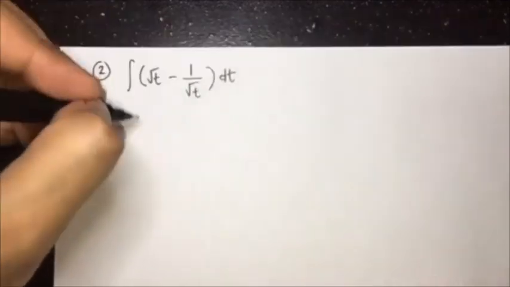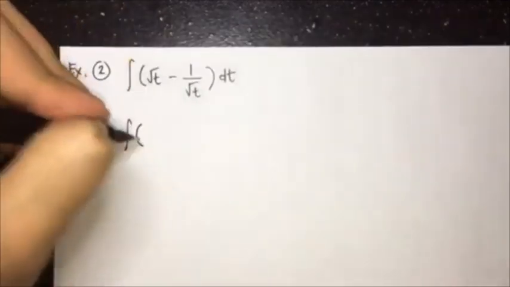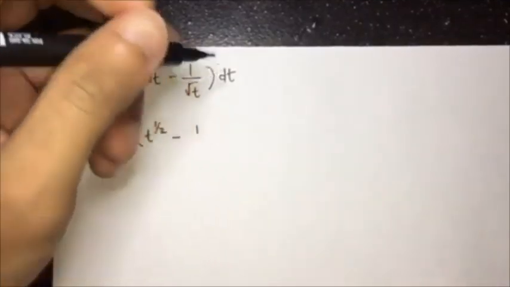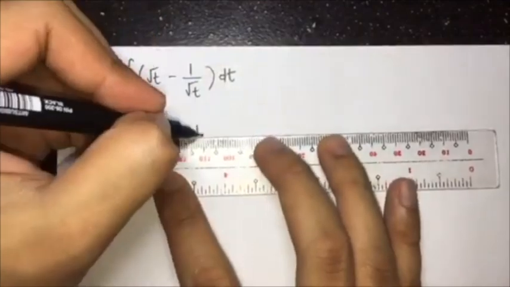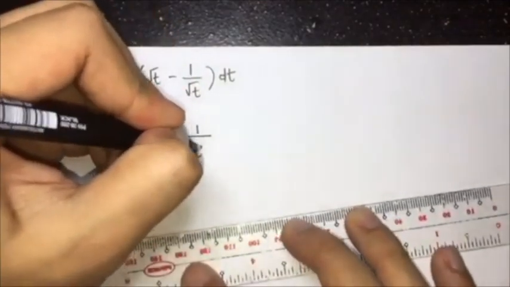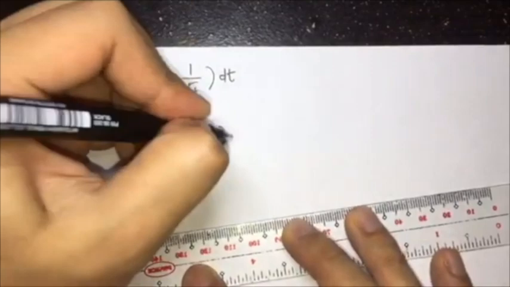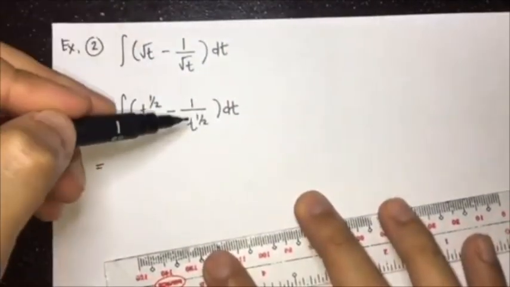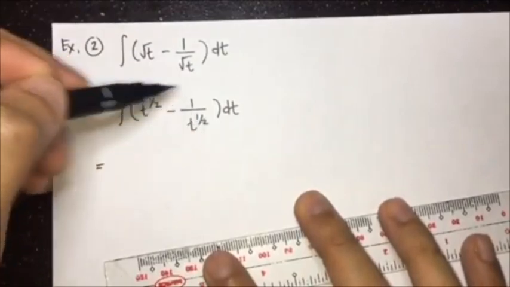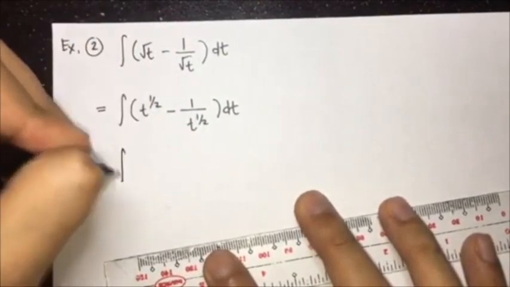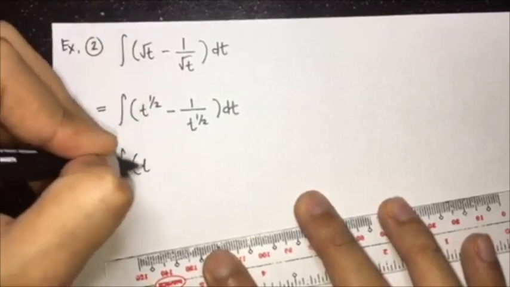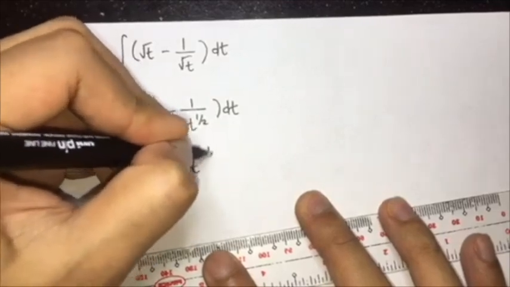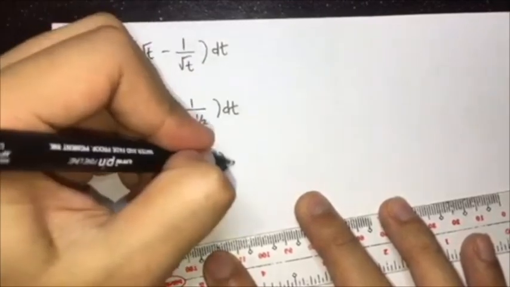So rewriting, we have integral of t raised to 1/2 minus 1 over t raised to 1/2 dt. And we need to express the variable in the numerator. So we have integral of t raised to 1/2 minus t raised to the negative 1/2 dt.